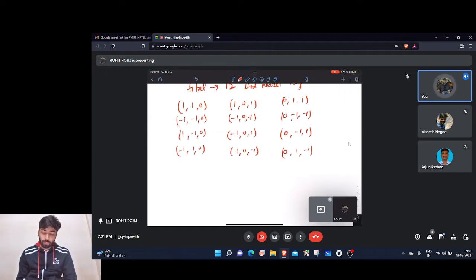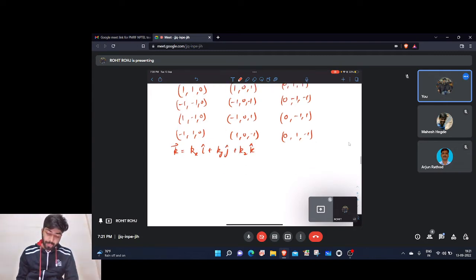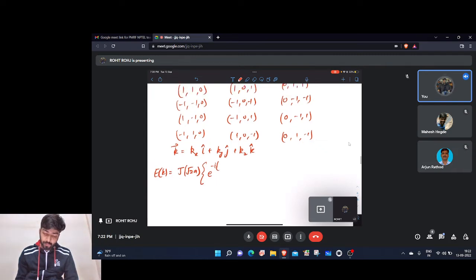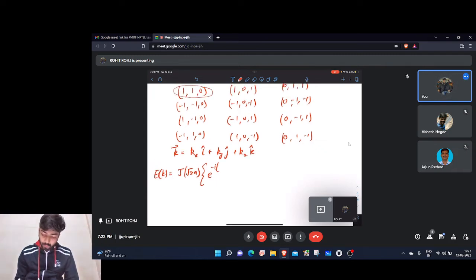And similarly, we can also imagine the k vector to be composed of kx i cap, ky j cap plus kz k cap, and k dot r of these I would write directly in the E(k) expression. Since this time it is the second nearest, R_n is √2 a. The first k dot r is for this vector, which comes to be kx a plus ky a.